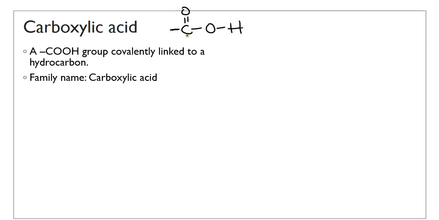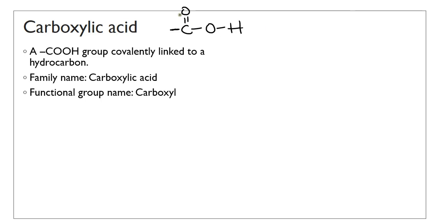So including the carbon, carboxylic acid is a very interesting functional group because the group itself has a carbon in it. There are two different types of names that you have to get used to. The family name, which is carboxylic acid, but the actual name of this group is a carboxyl. So if I ask you what functional group it has, you're actually supposed to say that it has a carboxyl group and not a carboxylic acid.